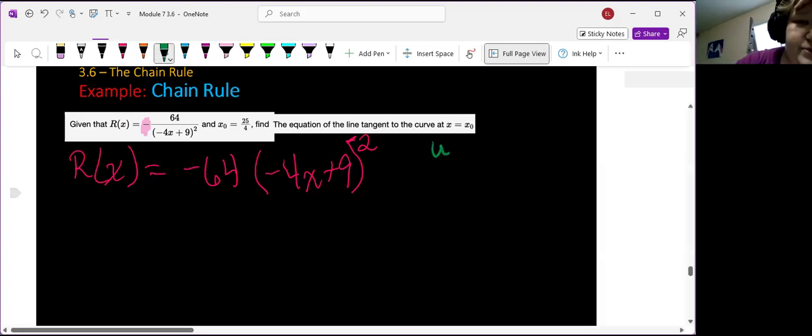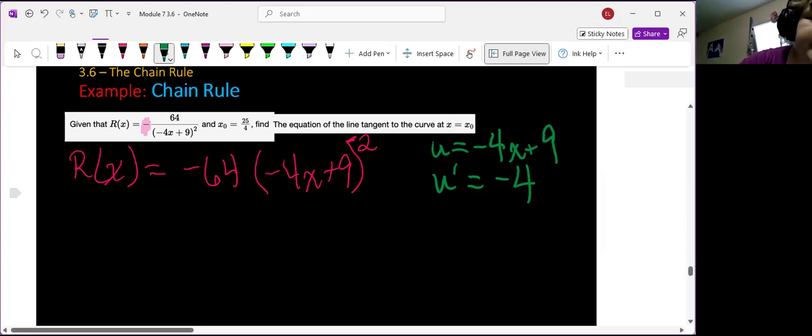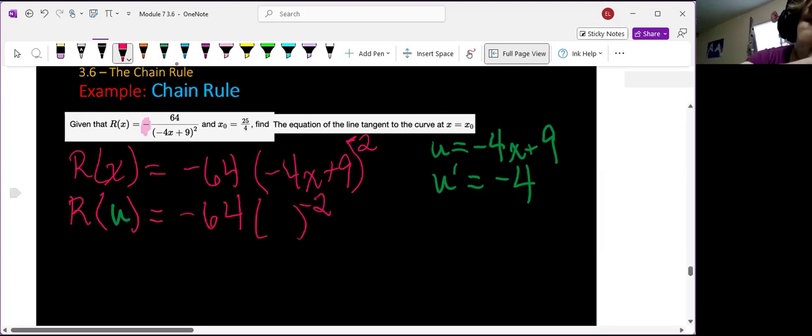So our u is going to be the inside, negative 4x plus 9. And then u prime is very nicely just negative 4. So one more time, I'm going to rewrite r now in terms of u. So it is negative 64 u to the negative 2.